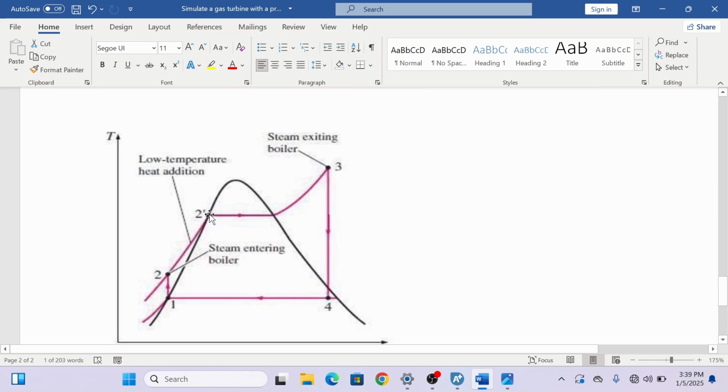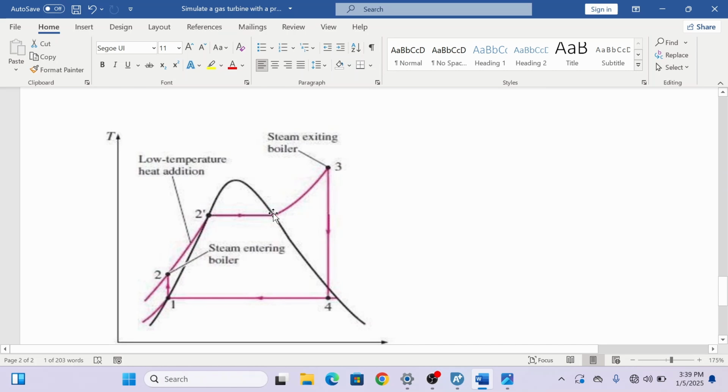Now you can see that if the pressure is 1 bar, here is the boiling point of water, which is 100 degrees C. If I continue to add heat, this is the latent heat. Now water will continue to evaporate, but its temperature will not rise.